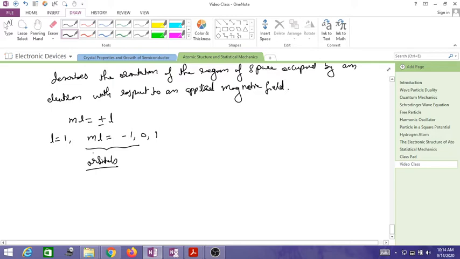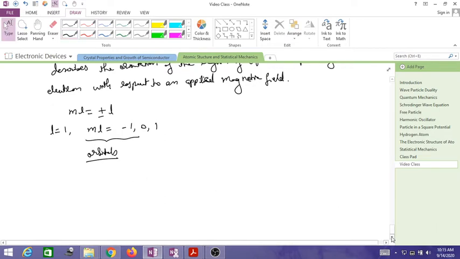So a wave function with an allowed combination of n, L, ML quantum numbers has a particular spatial representation. So it means with a combination of n, L and ML quantum numbers, the electron can be specified in a particular spatial distribution. So that is what it means.